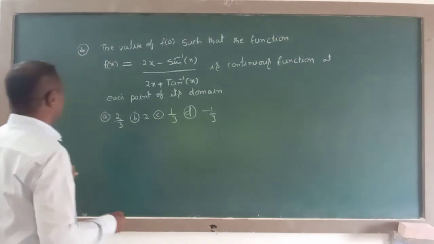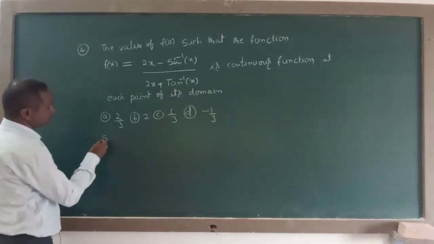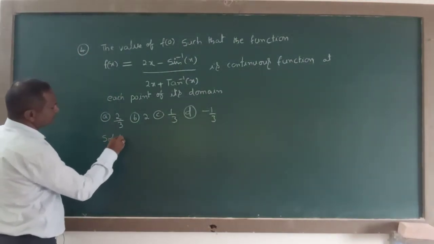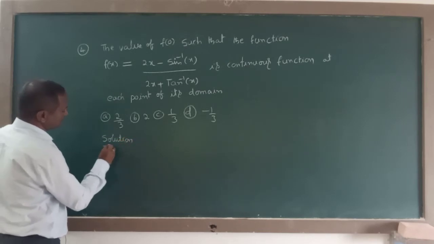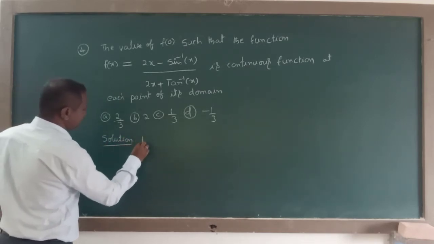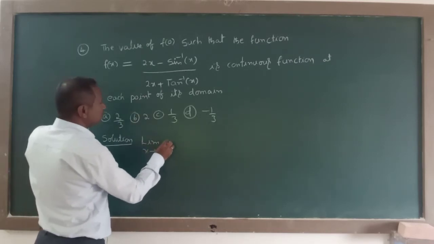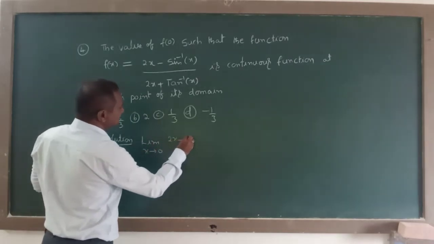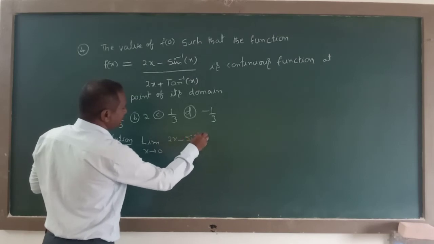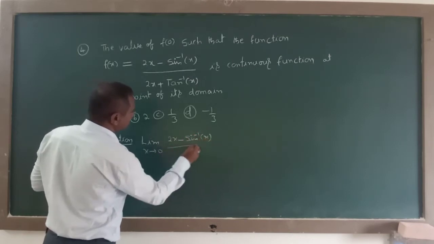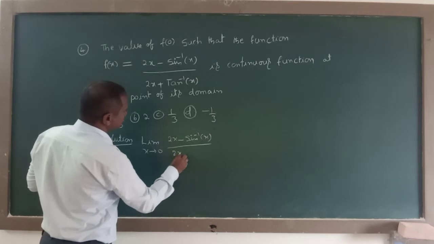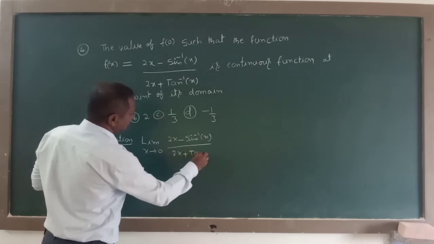See here, the solution to this question is the limit as x tends to 0 of (2x minus sin inverse of x) whole divided by (2x plus tan inverse of x).